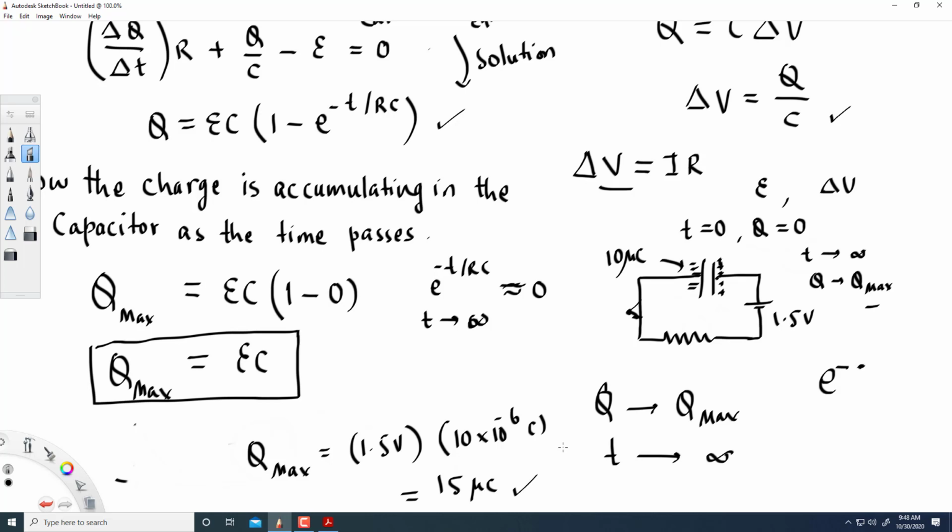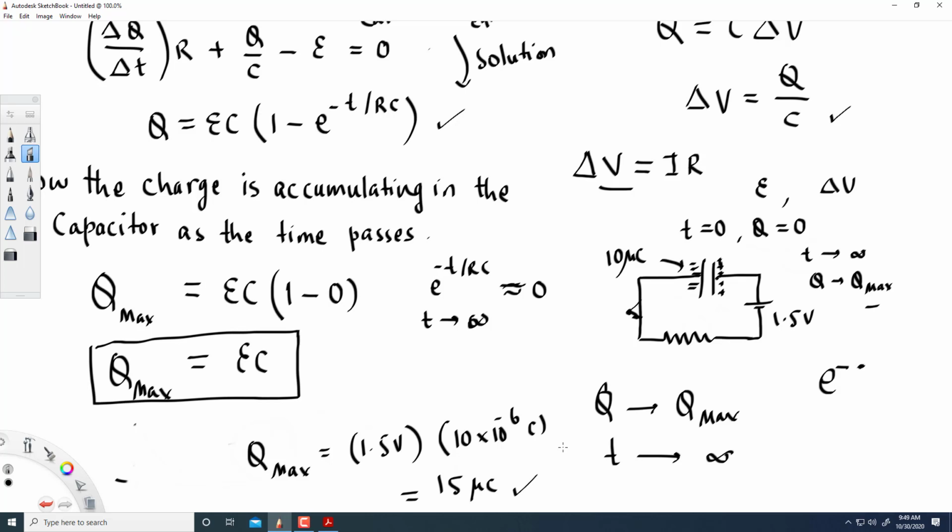Now number 5, which graph below represents the charging of capacitor as a function of time? Just think about that, okay? Not mathematically, but think about it conceptually. So think about how the charge is accumulating on the capacitor. See which graph will match that.